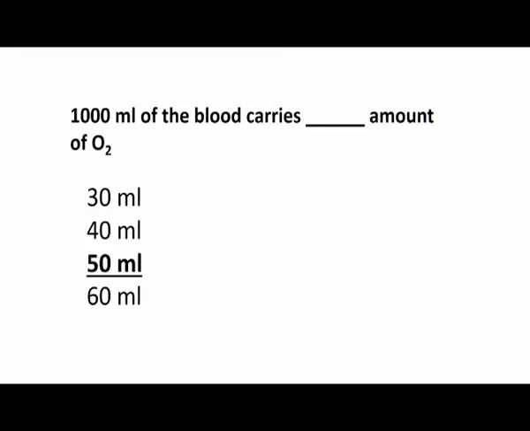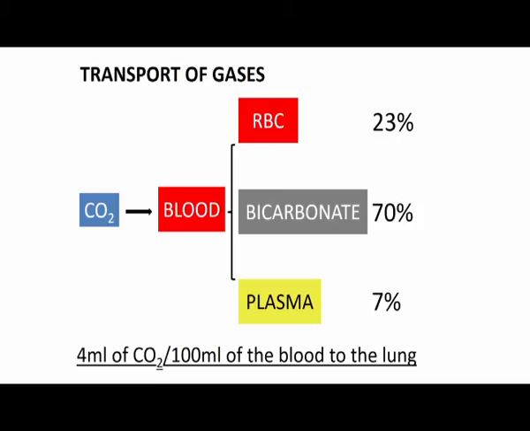Next, the next gaseous element is carbon dioxide. Just trying to summarize the whole story again, blood is the ultimate area where the whole thing gets transported. RBC carries about 23% of CO2, then 70% is carried by bicarbonate ion buffer, and plasma is the least, at 7%.